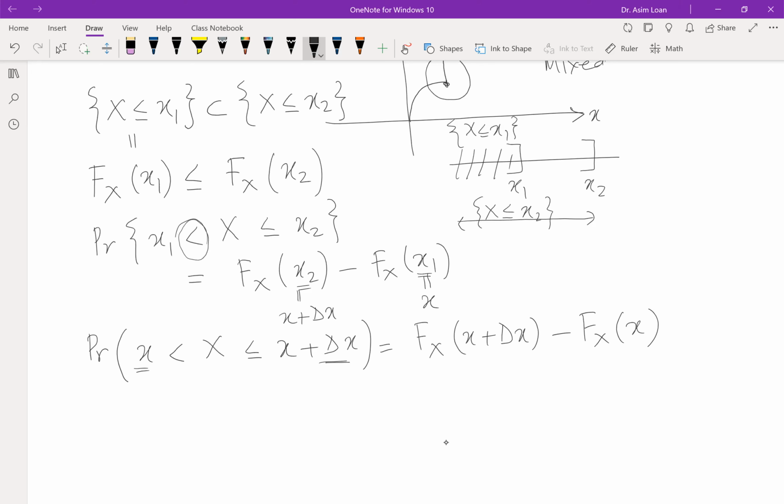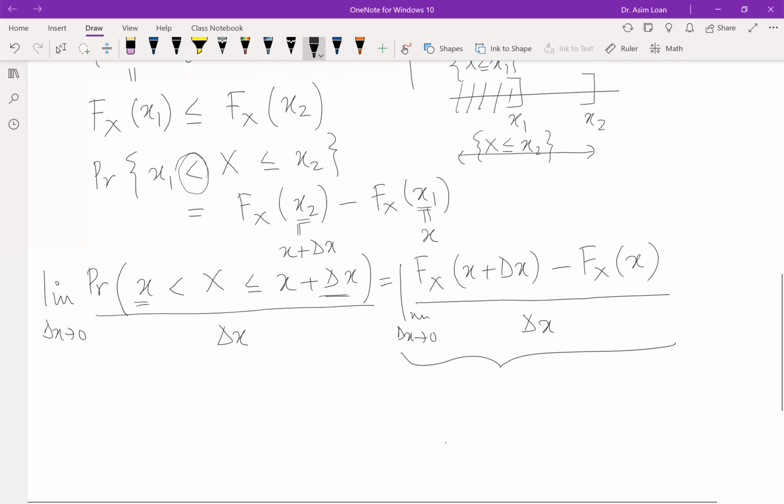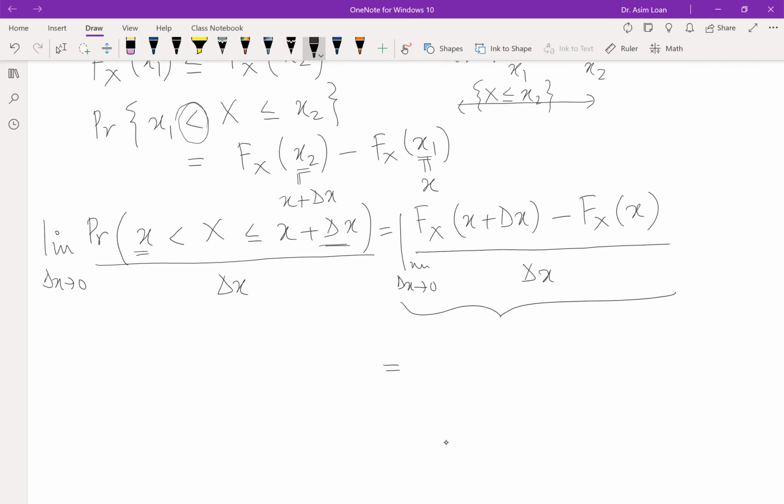Okay. And if I divide both sides by delta x, and then I take the limit as delta x tends to 0, what is this right hand side equal to? So what is this right hand side? This is the definition of what? Anyone?